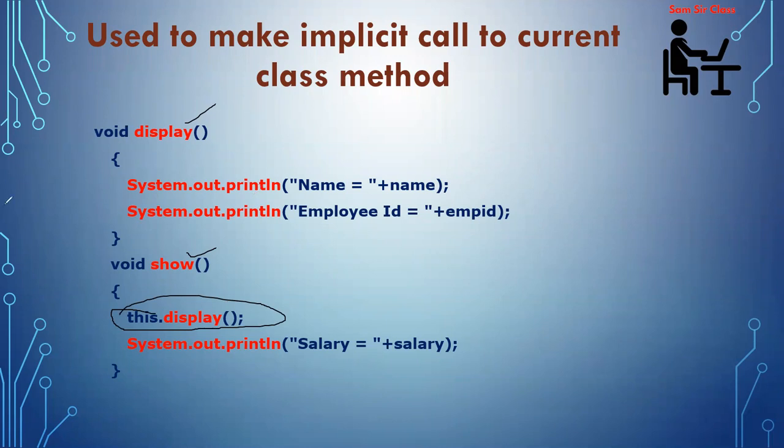Done. So I have just related it to the previous example. If name, employee ID, and salary are all initialized, then I use the show method to display one variable and the display method to display the remaining two variables. So I can call the display method inside the show method by using the this keyword.